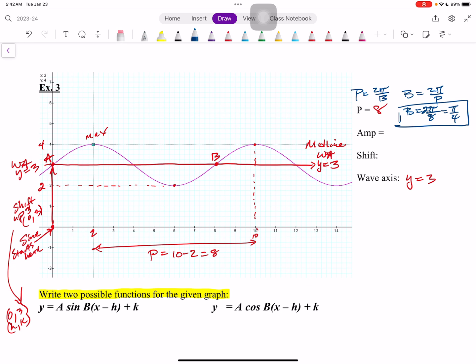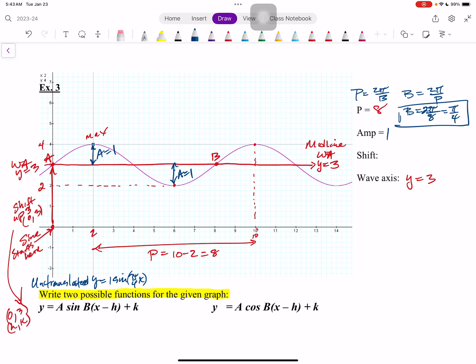So the amplitude is from 3 to 4, which is obviously 1. So the amplitude can be seen there, or from the wave axis to the minimum. So the amplitude is 1. So when a is 1 and b is pi fourths, an untranslated sine curve looks like y is equal to 1 times the sine of pi fourths times x. Okay, that's what the untranslated sine curve looks like.